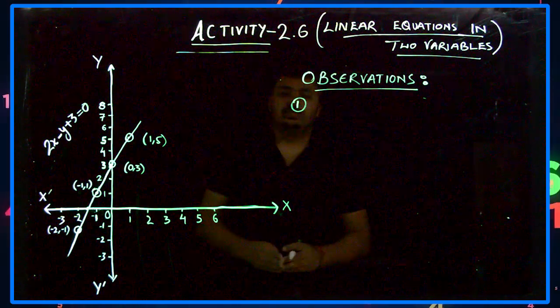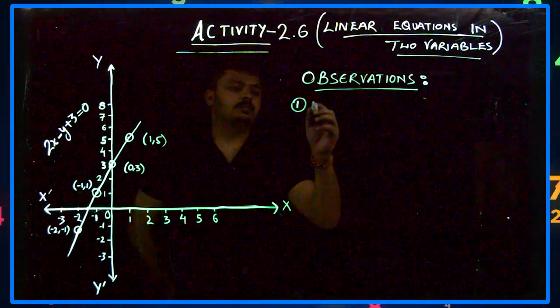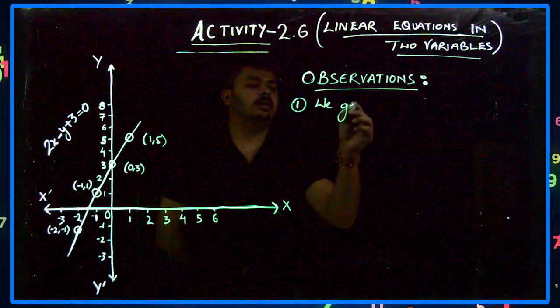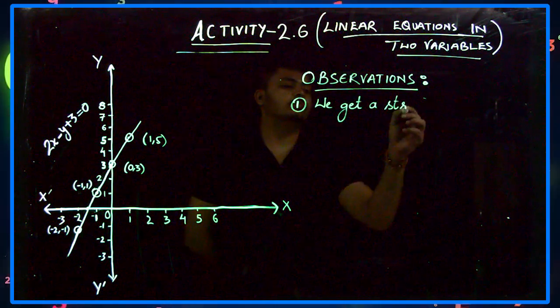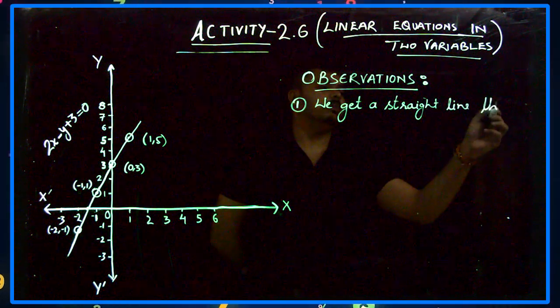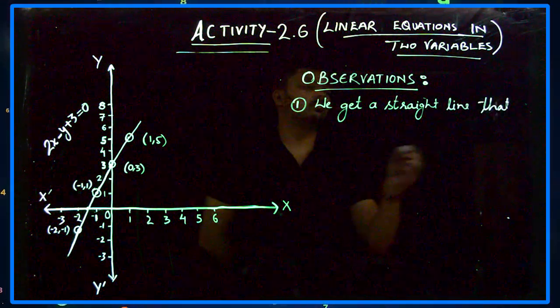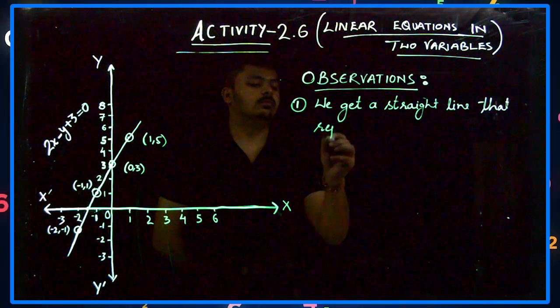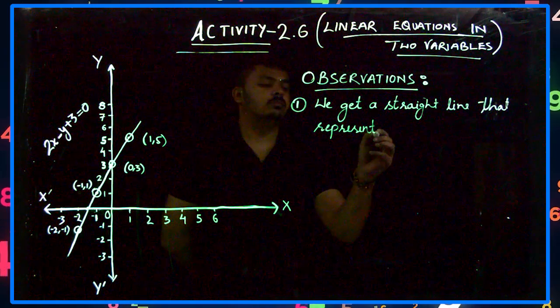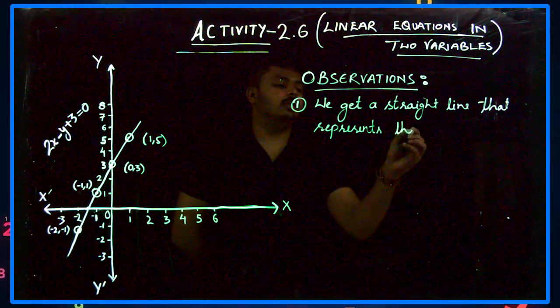So our observation for the given activity is we get a straight line that represents the linear equation.